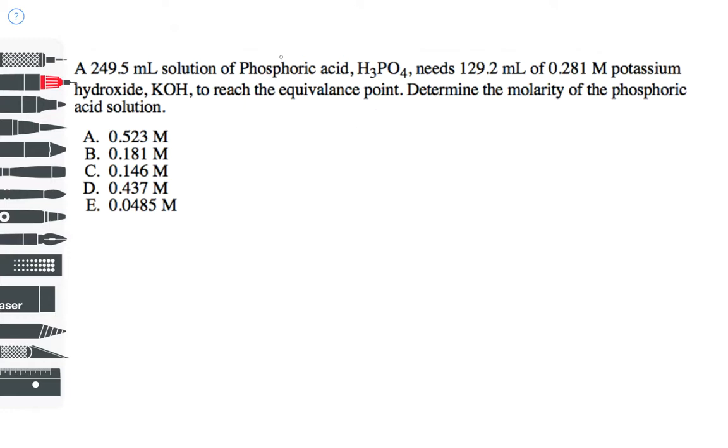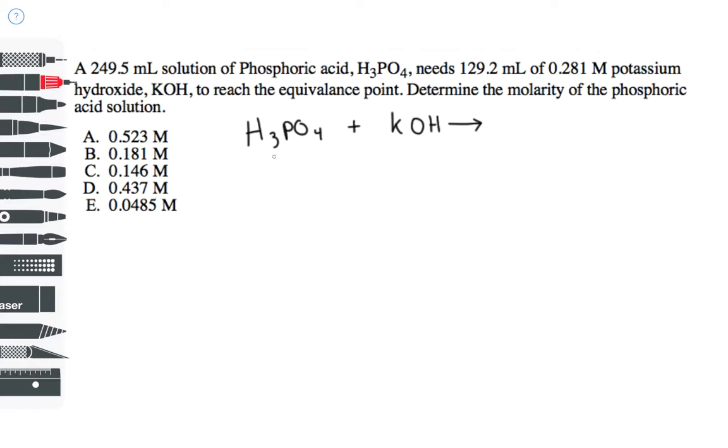The first thing you need to do is write out the reaction. So you have H3PO4, and you're adding that to potassium hydroxide, and that will yield, this is a double displacement. The H pairs with the OH.